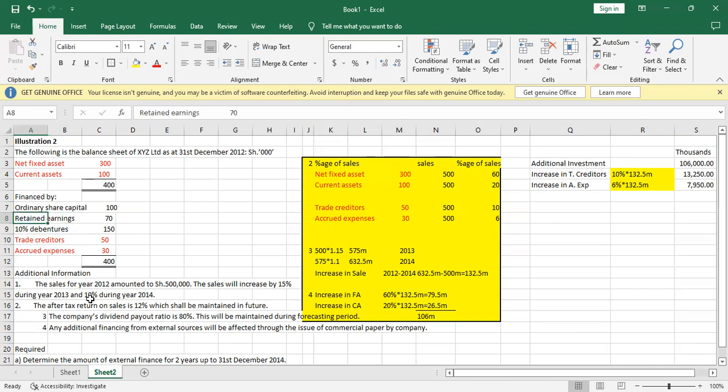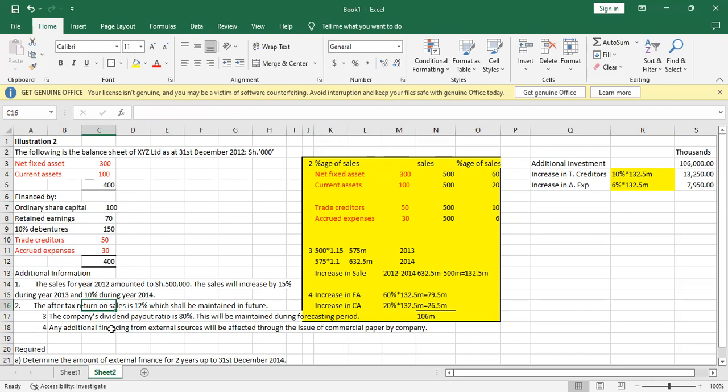You can see our net profit margin is 12%, which shall be maintained in future. Then the company's dividend is 80%, and this is again being maintained during the forecasting period.